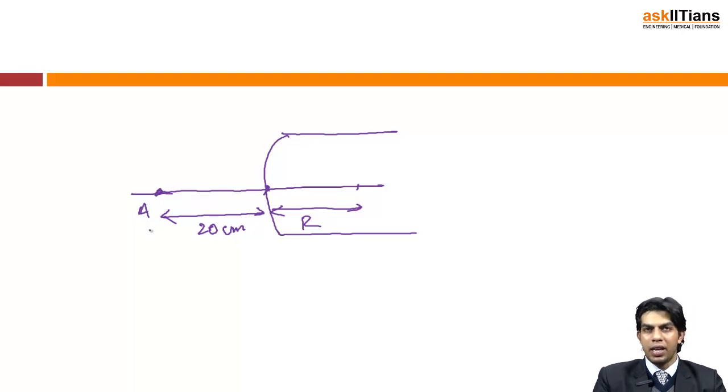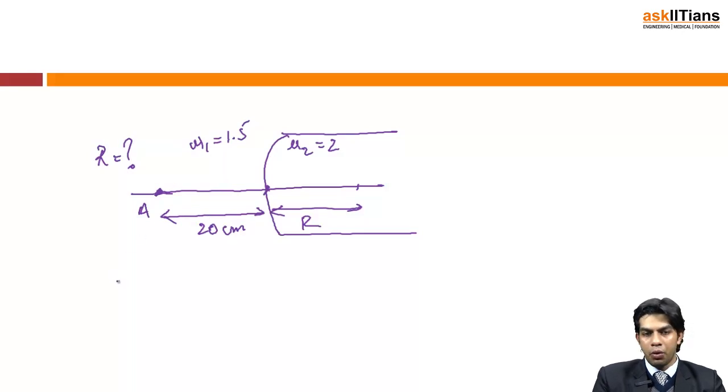I end up getting the image at the same point A. That is, the object and the image are both at point A. It's given that mu1 is equal to 1.5 and mu2 is equal to 2. I need to find out the radius of curvature when the object and the image are at the same point.